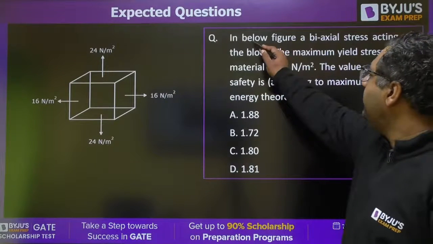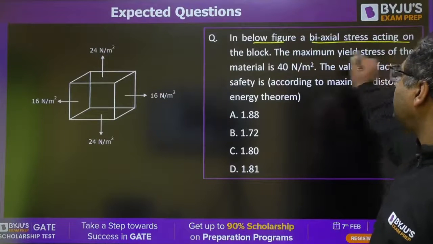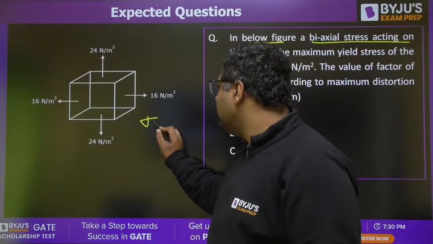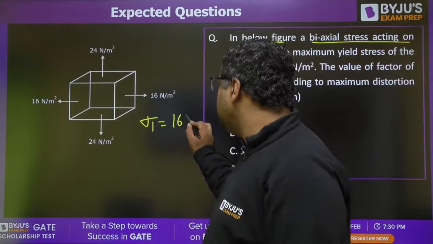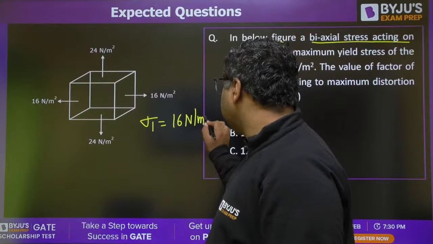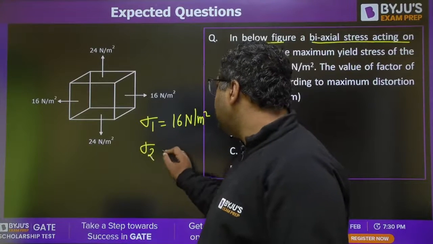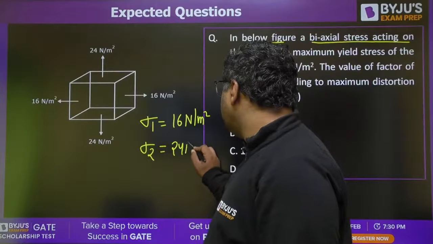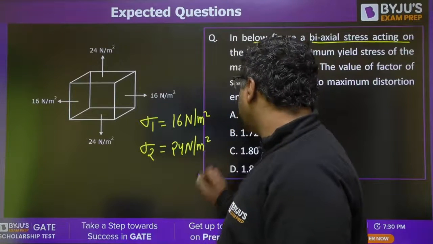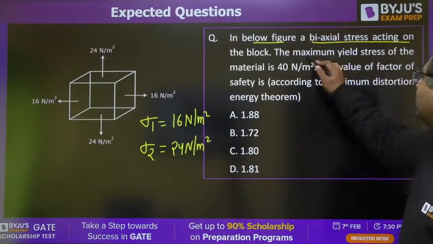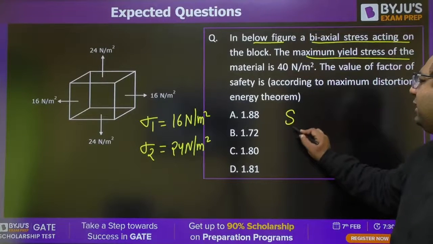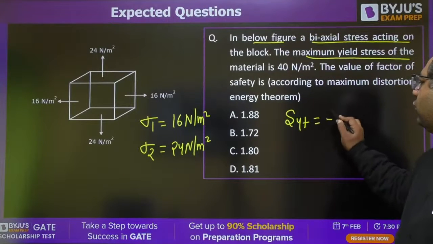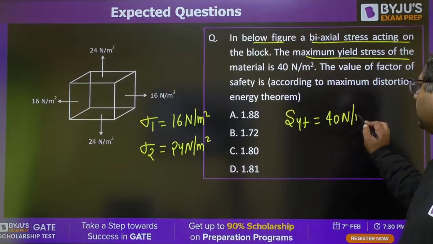In the figure below, for a biaxial state of stress, you can see sigma 1 is 16 Newton per meter square, sigma 2 is 24 Newton per meter square, and you are given the yield strength SYT as 40 Newton per meter square.